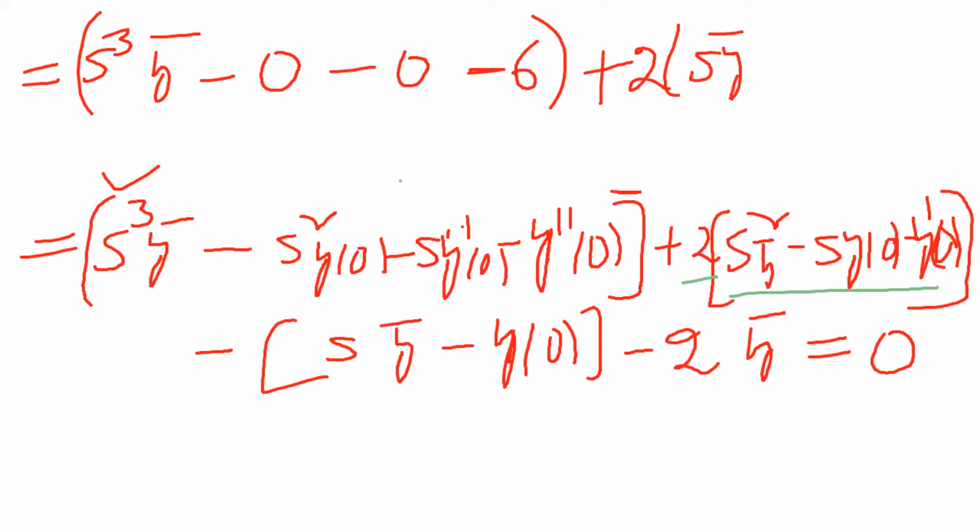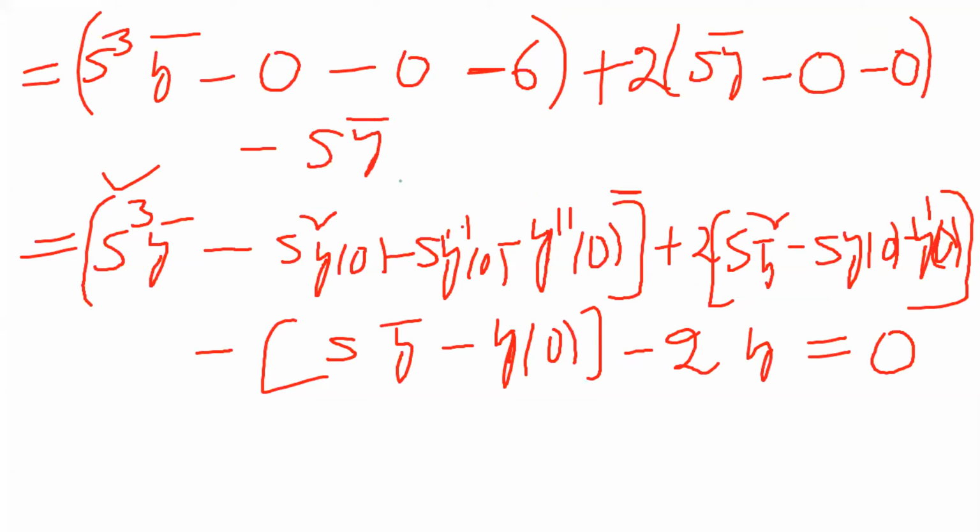In the second equation, 2 into s square y bar minus s into y of 0, y of 0 is 0 and y dash of 0 is also 0. And minus, multiplying minus 2 inside, minus s into y bar, y of 0 is 0, minus into minus plus 0, minus 2 y bar.